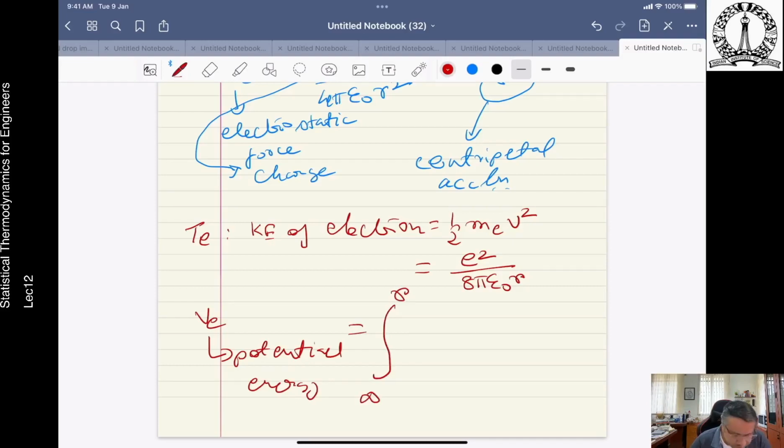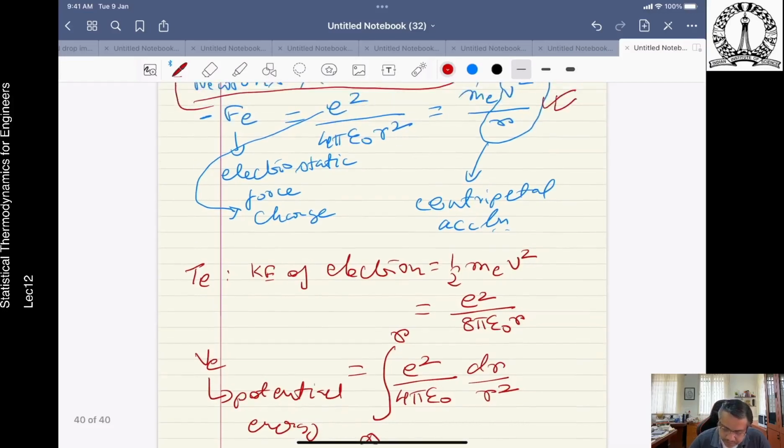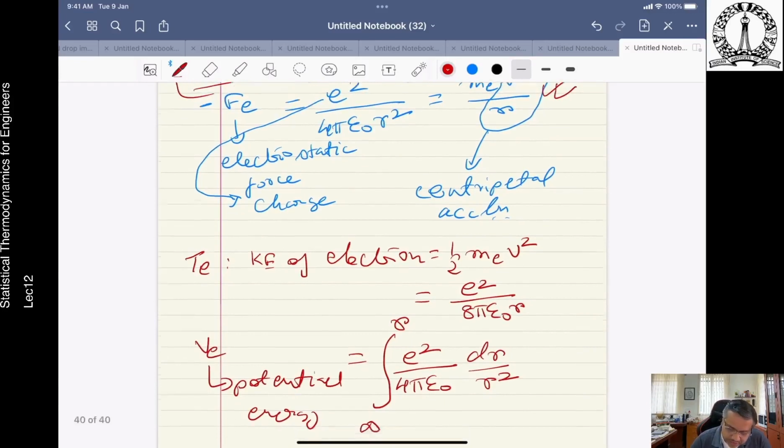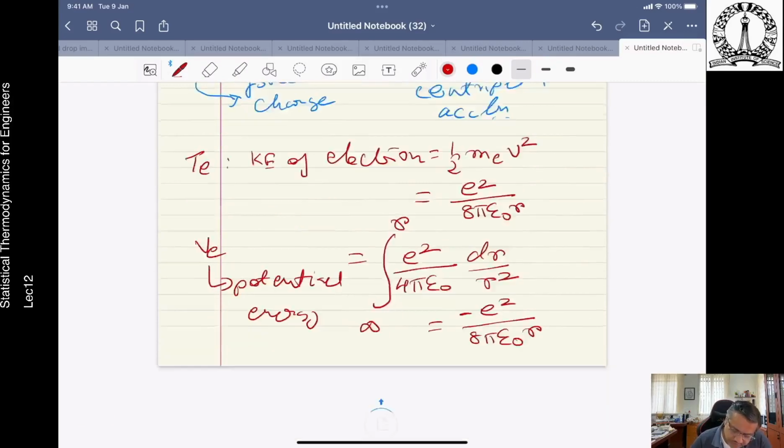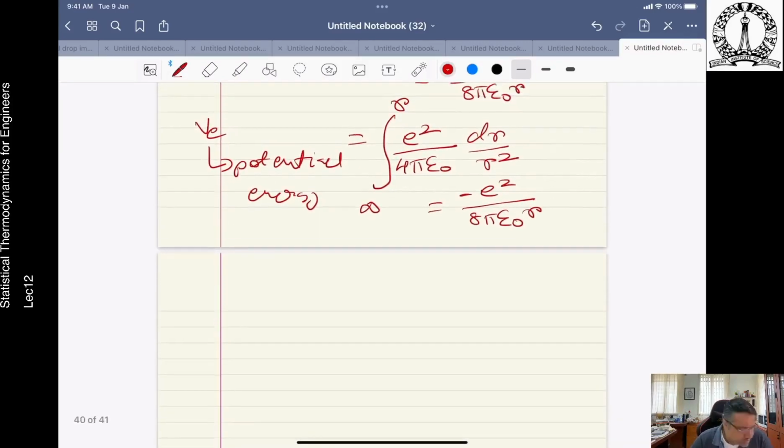If you bring an electron in, it is e squared by 4 pi epsilon naught dr by r squared. This is the electrostatic force field. So the potential energy is therefore minus e squared divided by 8 pi epsilon naught r.